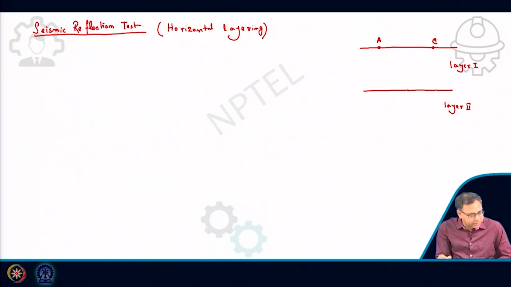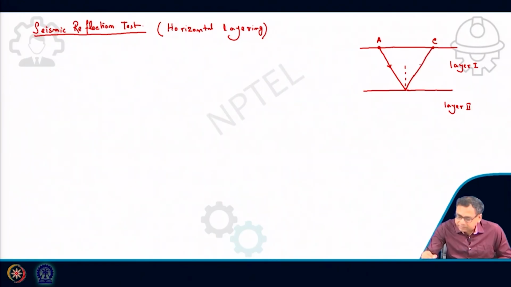Okay. So, the wave will travel in n number of directions. From these n number of directions, one wave will reflect and reach the receiver. Which wave depends upon where you have placed your receiver.